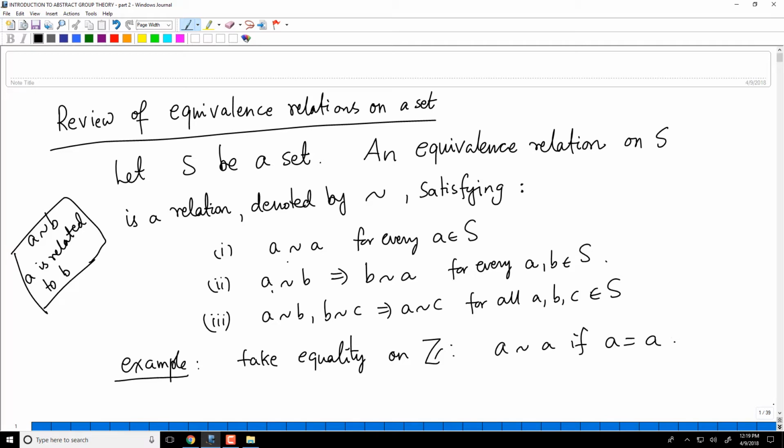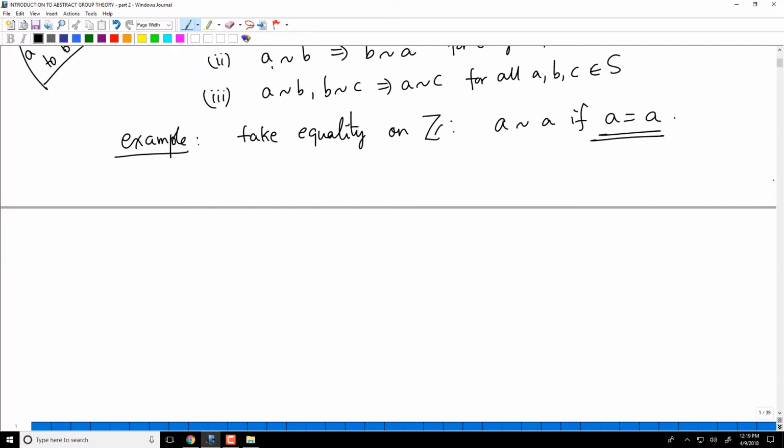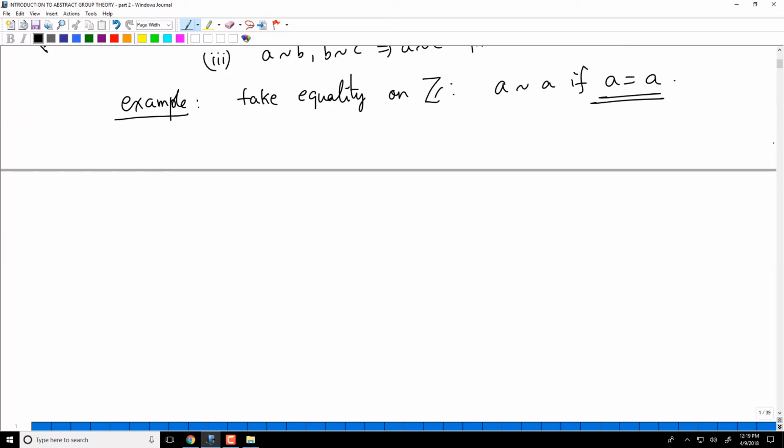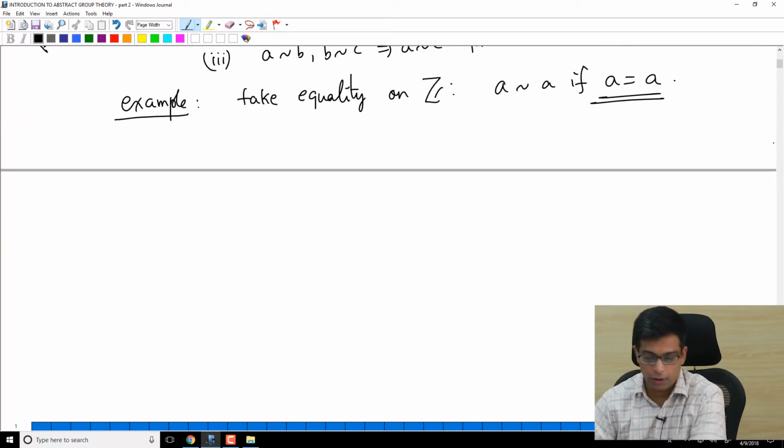Every element is equal to itself. If A equals B, then B equals A. If A equals B and B equals C, then A equals C. So there is no surprise that equality is an equivalence relation, but there are more interesting equivalence relations, and hence you actually do talk about equivalence relations, because there are equivalence relations that are not equalities.